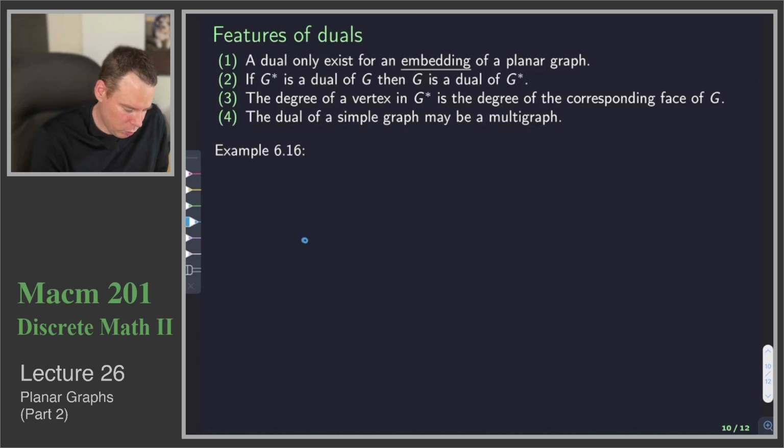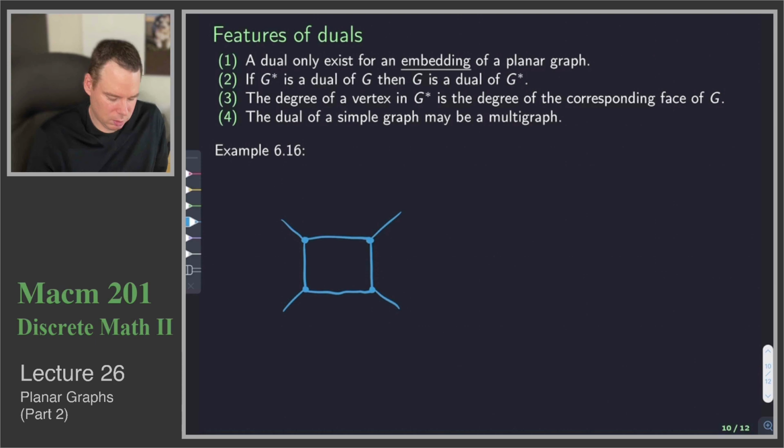So in terms of that point about the connection between the degree of a face and the degree of the vertex in the dual, let's just look at an example. So suppose our graph looks something like this. It's just a small portion of our graph. So this is G. Then we've got this face of G, which has degree 4. So I'll throw a vertex down there.